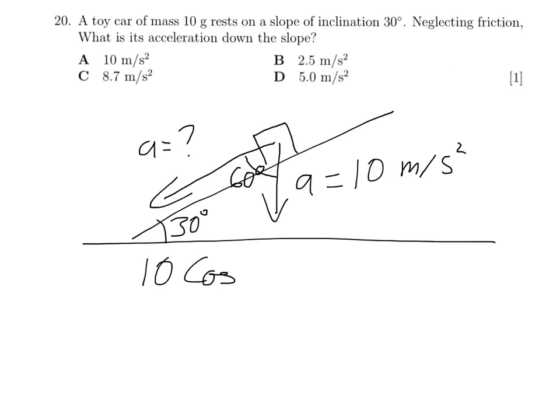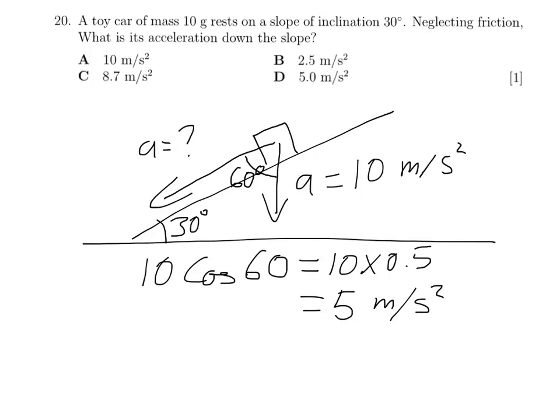So it's going to be the acceleration due to gravity, which is 10 meters per second squared, times cos of 60. Now we should know that cos 60 is equal to a half, so 0.5. So the acceleration down the slope is half of 10, which is 5 meters per second squared. So it's answer D we're looking for.